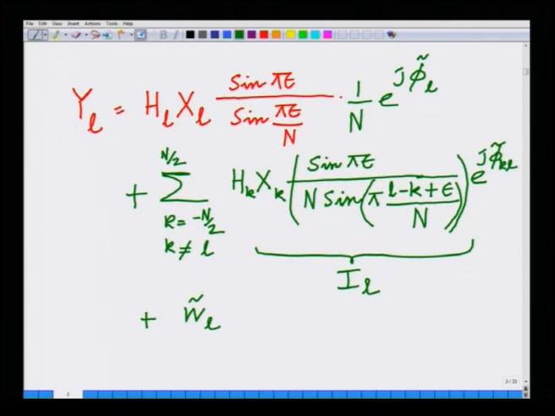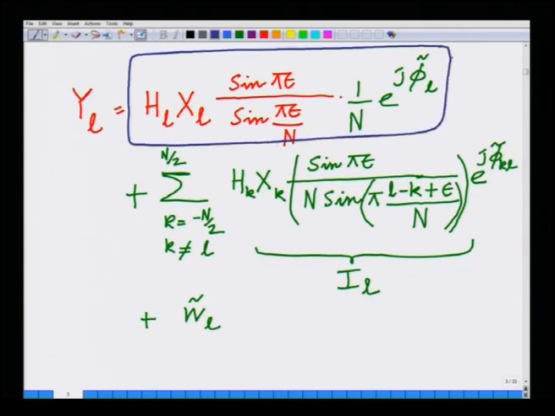So, this is the signal part, that is the desired signal part. This part here is the inter-carrier interference part.